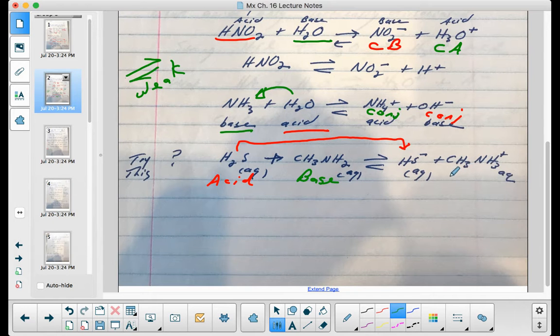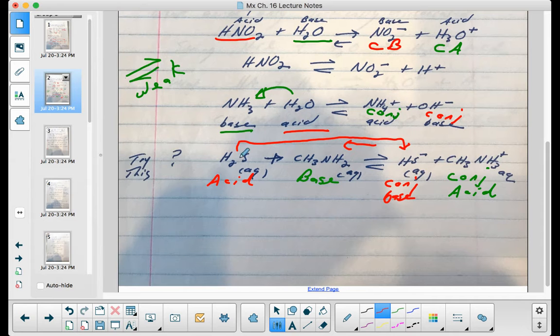So over here, I would name this the conjugate acid of the base. And then this would become the conjugate base of the acid. And the way you look at it is, if you were to take it in the opposite direction, what happens?